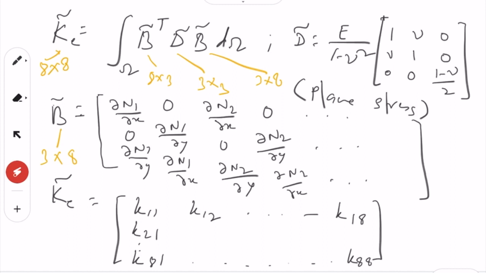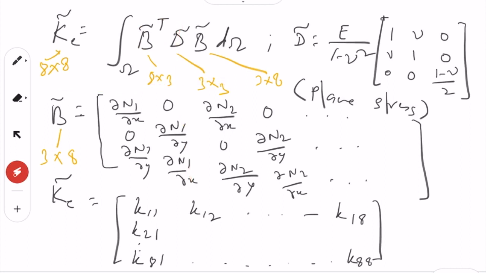But still, if in the exam you are asked to calculate K11, for example, would you be able to calculate that? Just look at this. K11 means that we have to concentrate on the first row and first column.